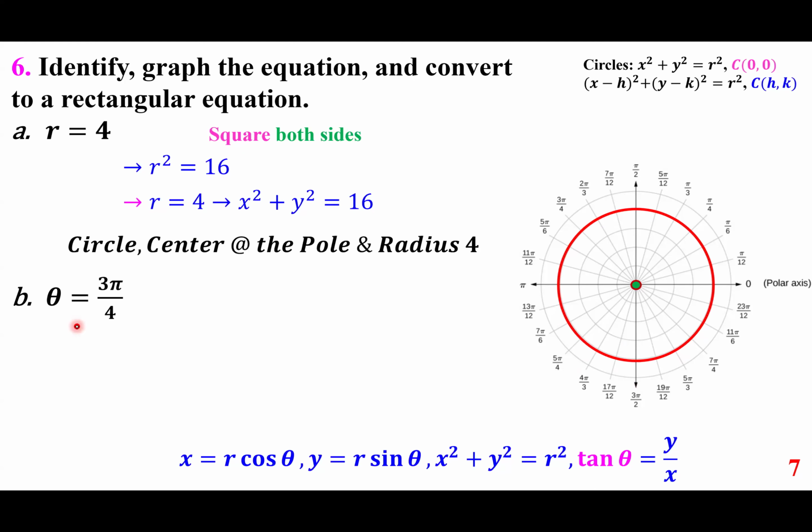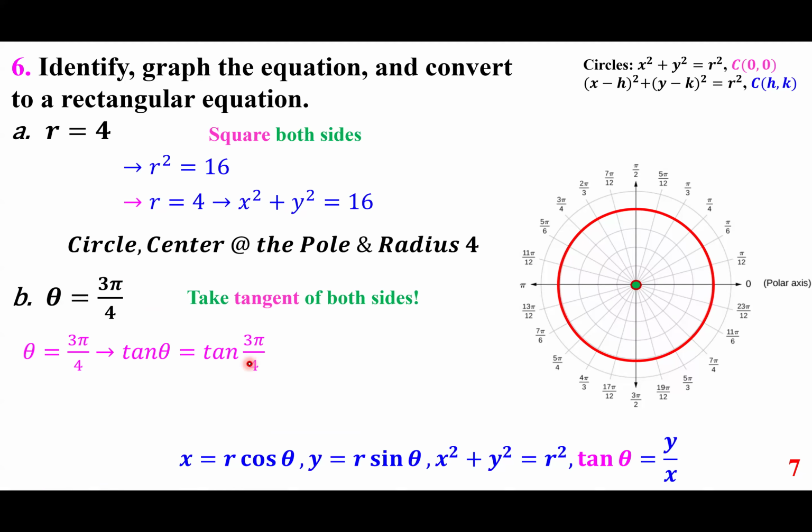What about theta equals 3 pi over 4? When theta has a value, that is representing a line, and to understand that, we know tan of theta is y over x, so let's take a tangent of both sides. So tan of theta is equal to tan of 3 pi over 4. 3 pi over 4 is a common arc.